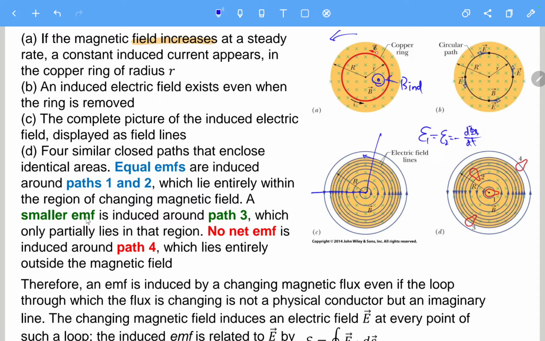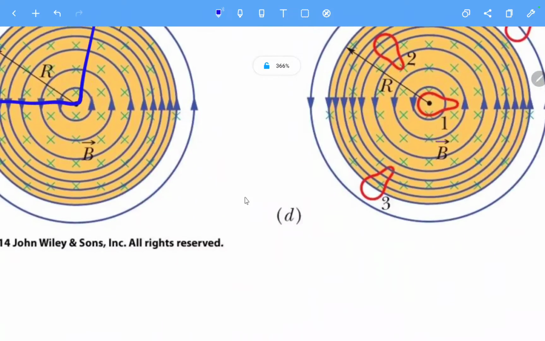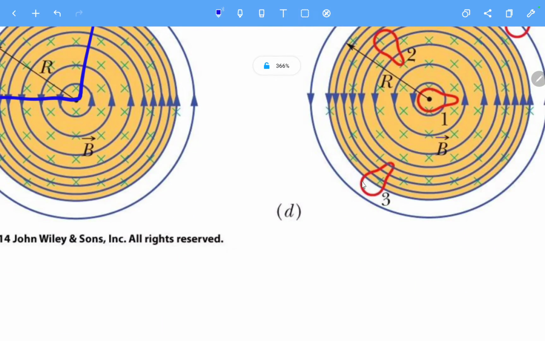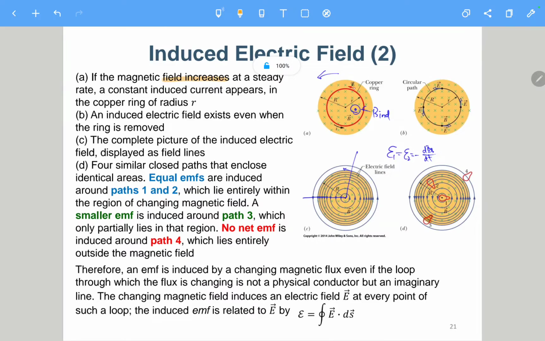A smaller EMF is induced around path 3, because path 3 is here, so part of it is not covered by the B field. Only these parts contribute to the magnetic flux, which means this magnetic flux is smaller, so the change of magnetic flux is also smaller.